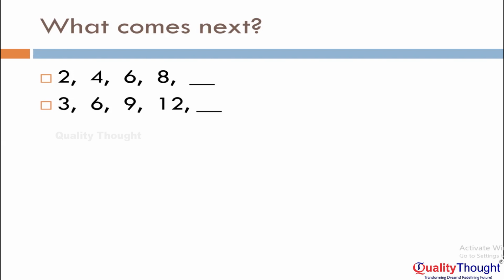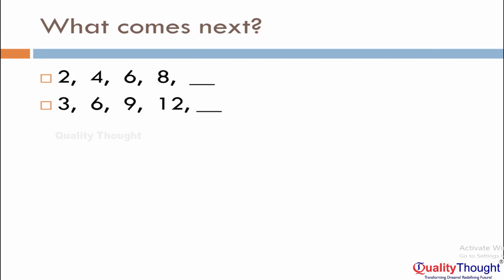Whether you do it today or whenever. The second type of problem is where you have been given input and output both, and you are trying to understand the formula, the relationship between them. So here, we have input and output. Input is 2, output is 4. Input is 4, output is 6. Input is 6, output is 8.